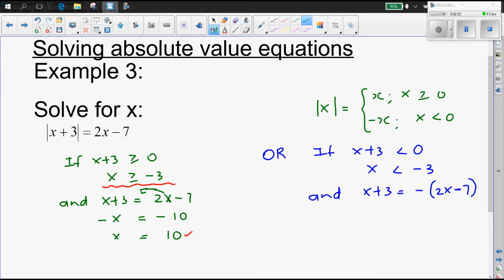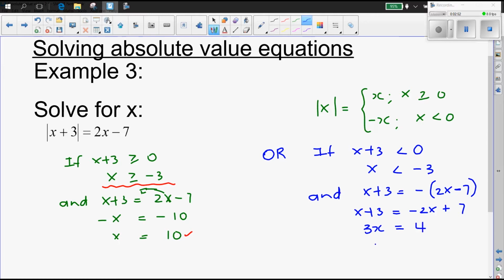We move to the next case on the right-hand side. We have x plus 3 equals the negative of 2x minus 7. We remove our brackets, so x plus 3 equals minus 2x plus 7. I bring my x across the equals sign, and 2x plus x gives me 3x. I take 3 across to the right-hand side, and 7 subtract 3 gives me 4.